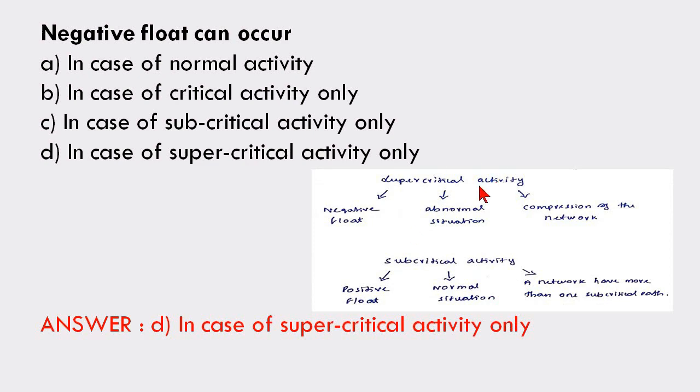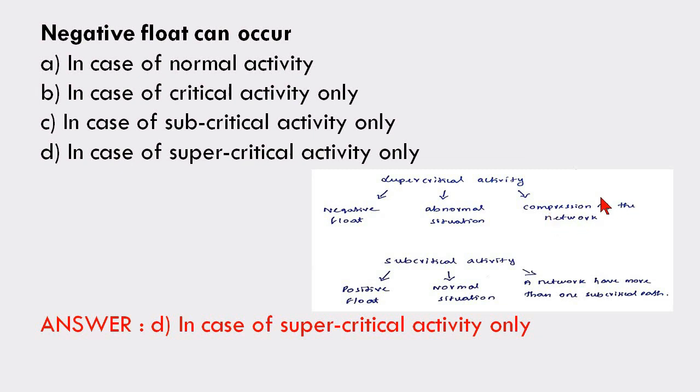Some important points are given here about supercritical activity. Negative float may occur, an abnormal situation, and the network needs compression. Because it is an abnormal situation, negative float means there is delay in the project, so we have to compress the network.